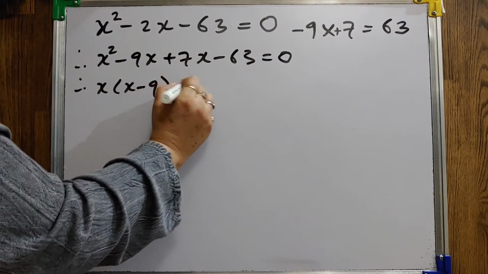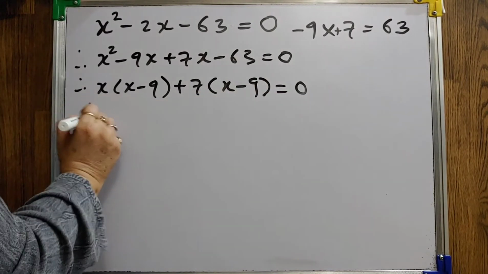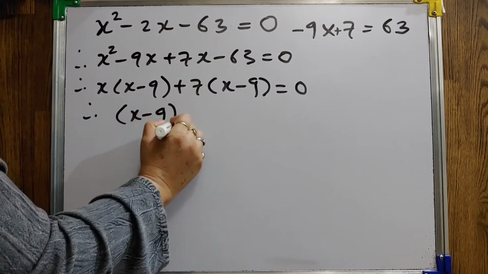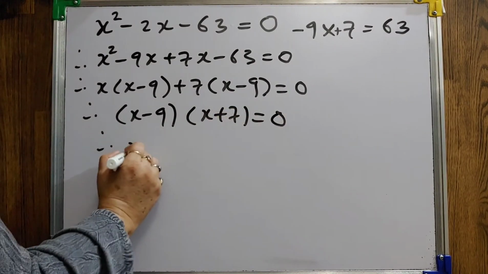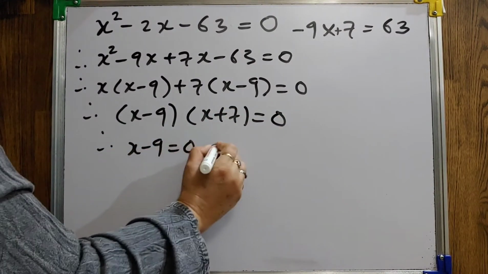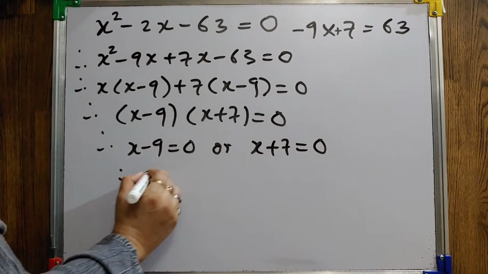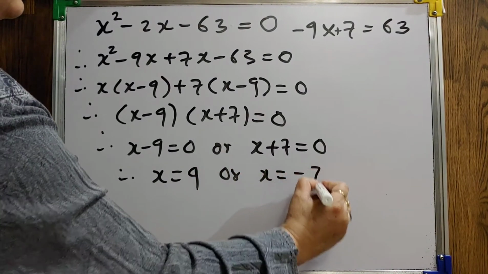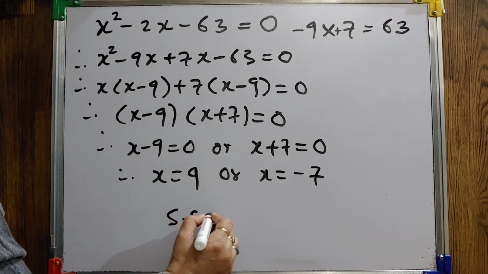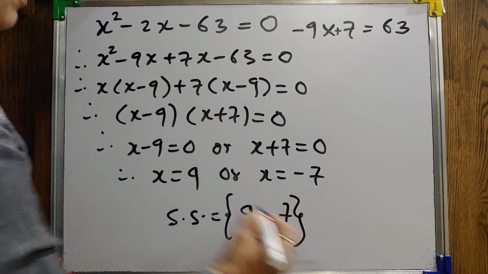It will be x minus 9, plus 7 common, x minus 9. So your brackets are x minus 9, x plus 7. So x minus 9 equals 0 or x plus 7 equals 0. X is 9 or x is minus 7. So again you got one value positive, the other value negative.